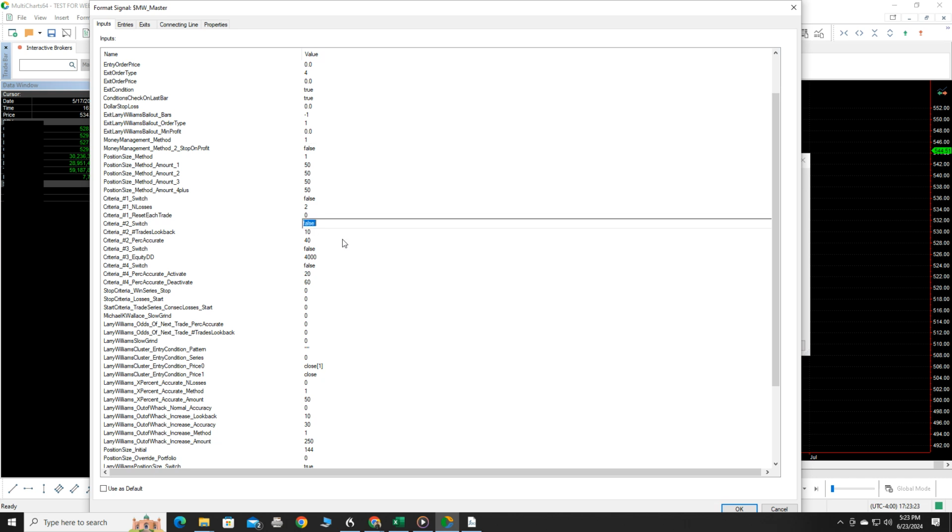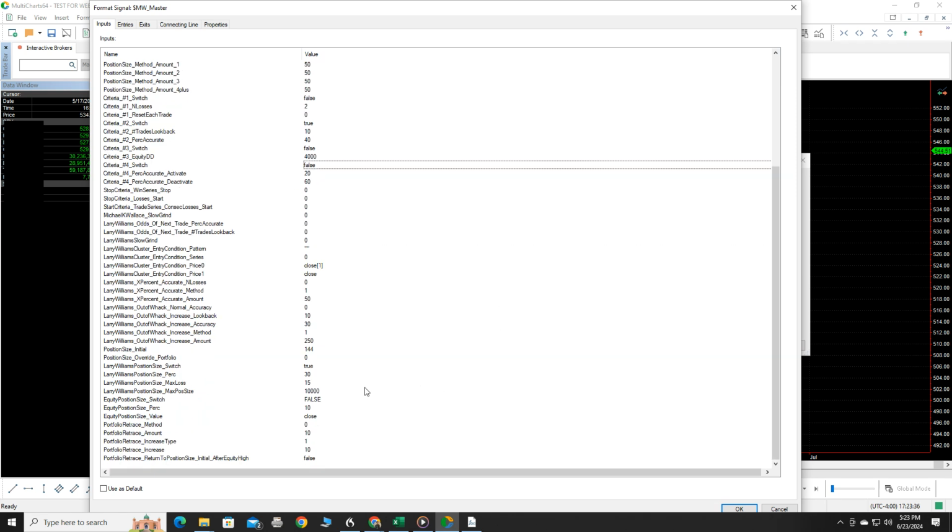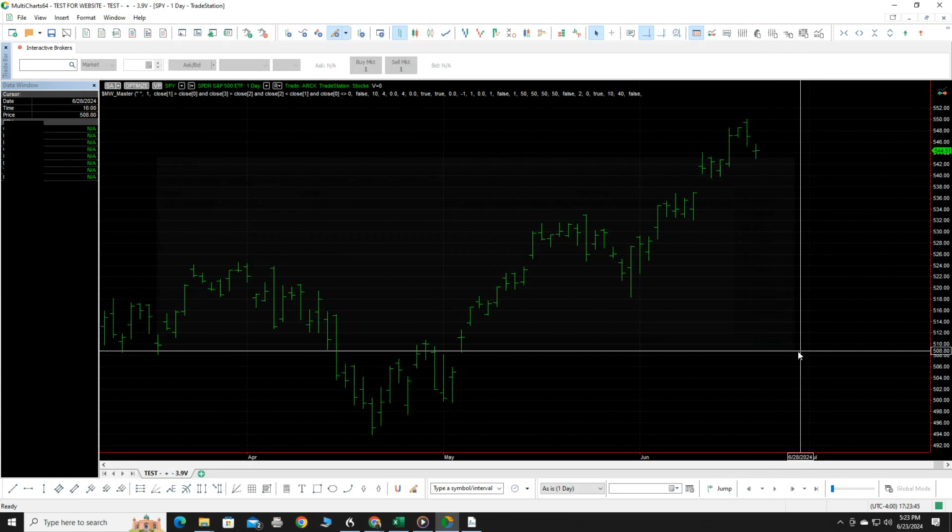And I will turn this to true, which we've already spoken about, look back period and percent accuracy. When you combine a number of these configurations together with the Larry Williams, you really get something that starts to look promising. Let's see.